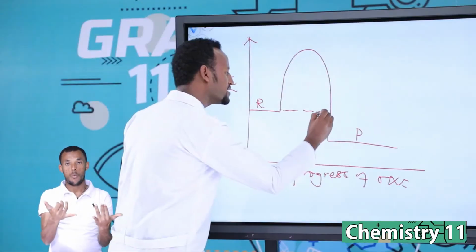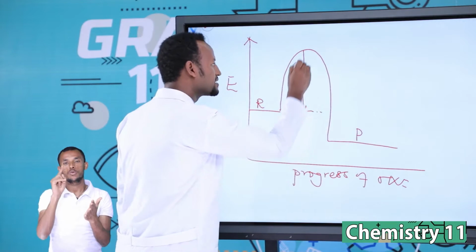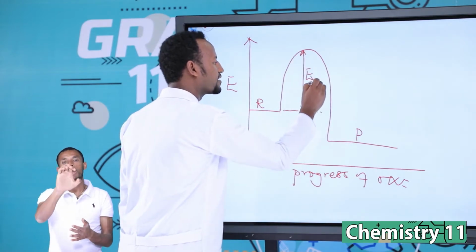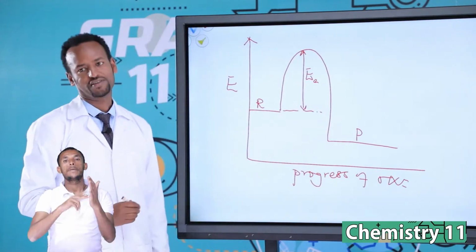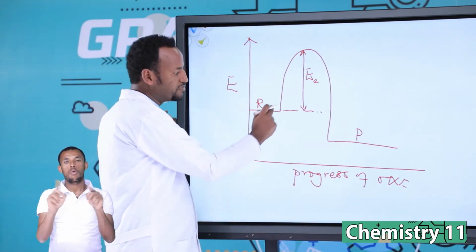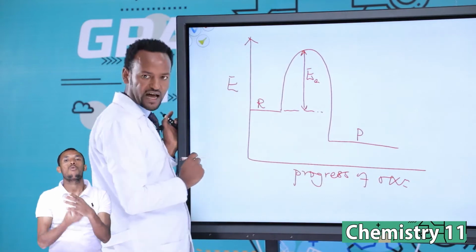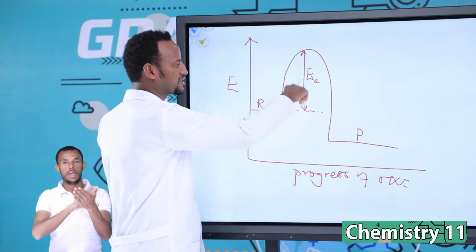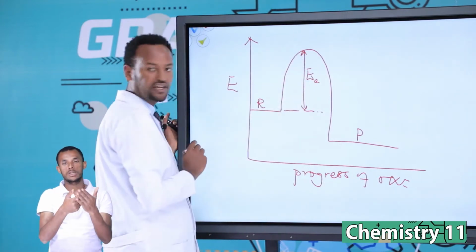Now, this point is known as EA. EA means activation energy. When the reactant produces product, this is the energy barrier, known as the activation energy.